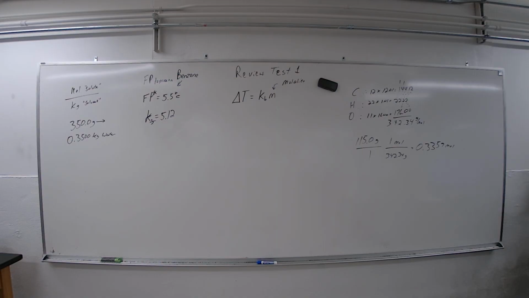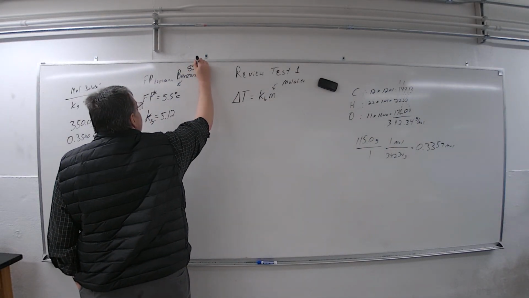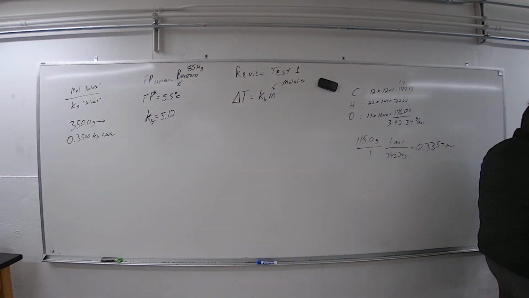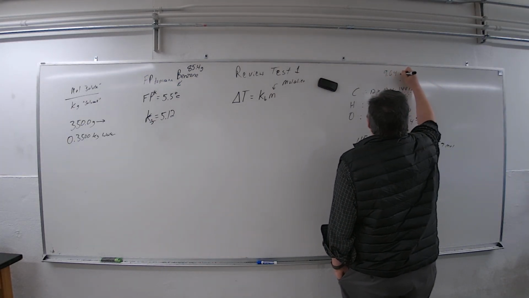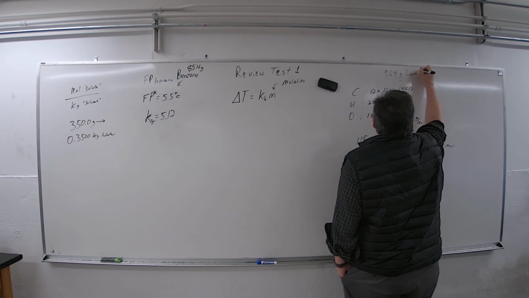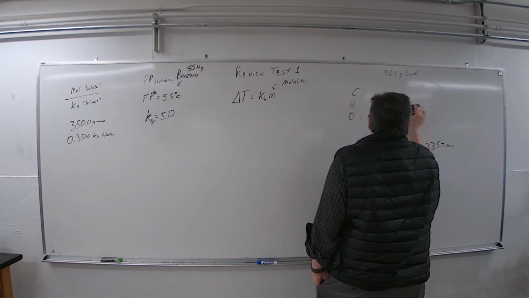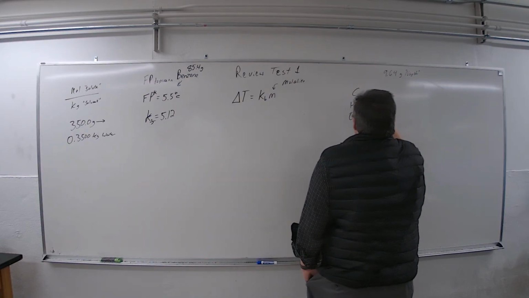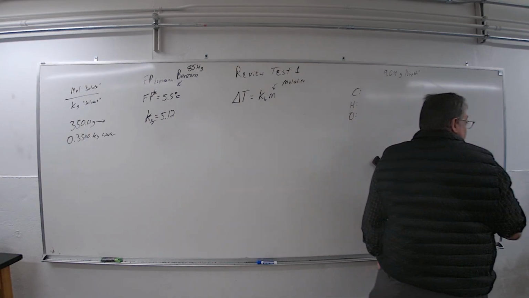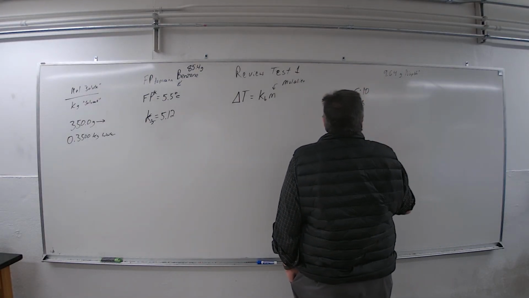This is question 4 for freezing points. 85.4 grams of benzene. And naphthalene is 9.64, C10H8.